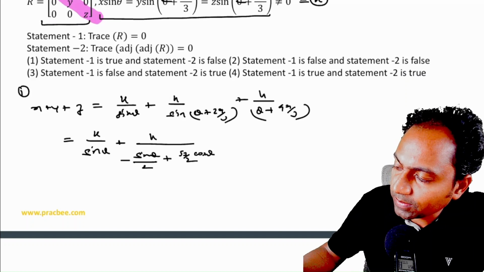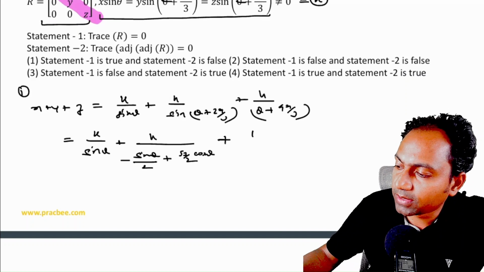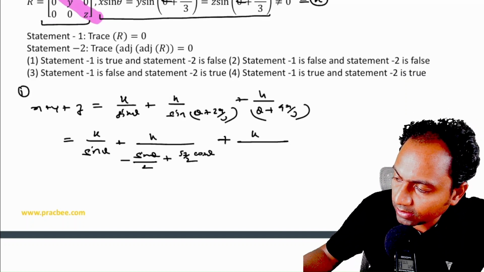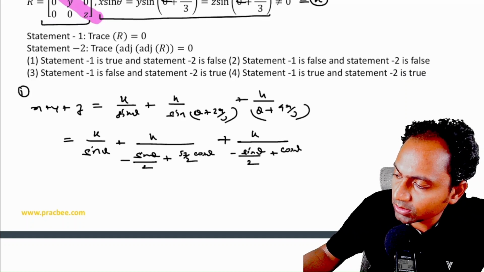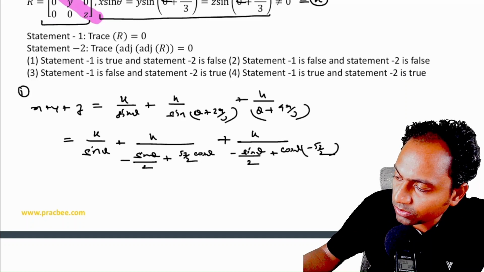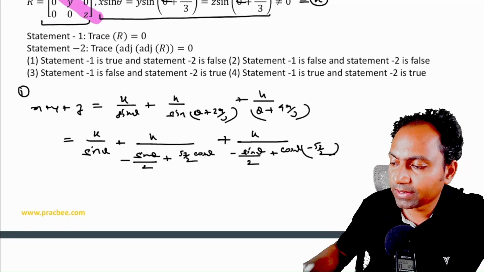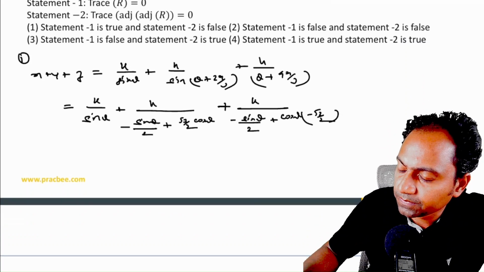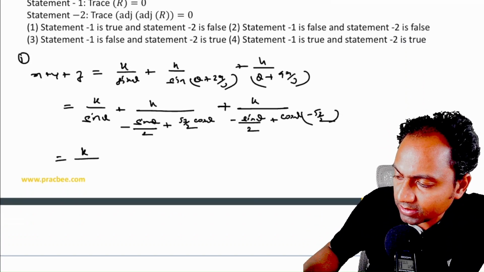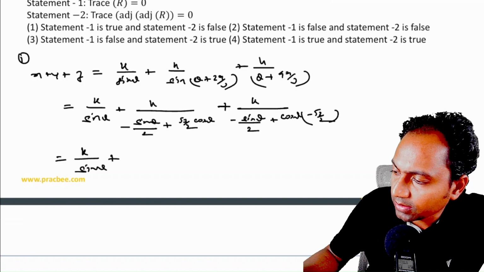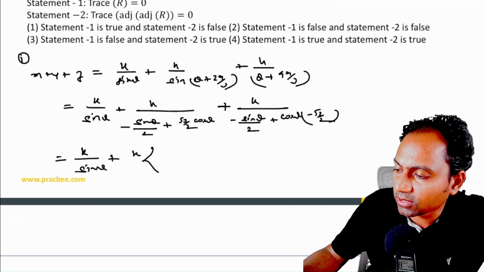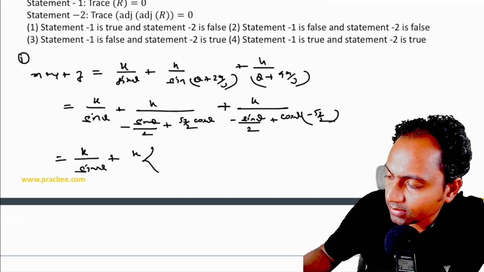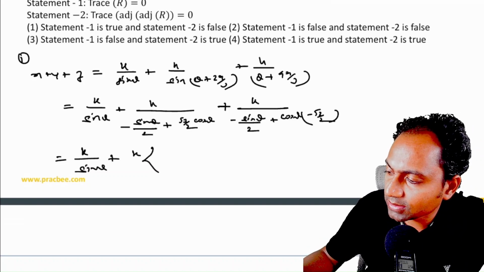And the third part becomes k by sine theta, cos 4 pi by 3 is also negative, so this will also become minus 1 by 2, plus cos theta into minus root 3 by 2. These are the values that we are getting, and once you simplify this, this is sine theta only. In the second, if I take LCM, what is different between these two is nothing but the minus sign. So in the numerator, the second part will get cancelled out.